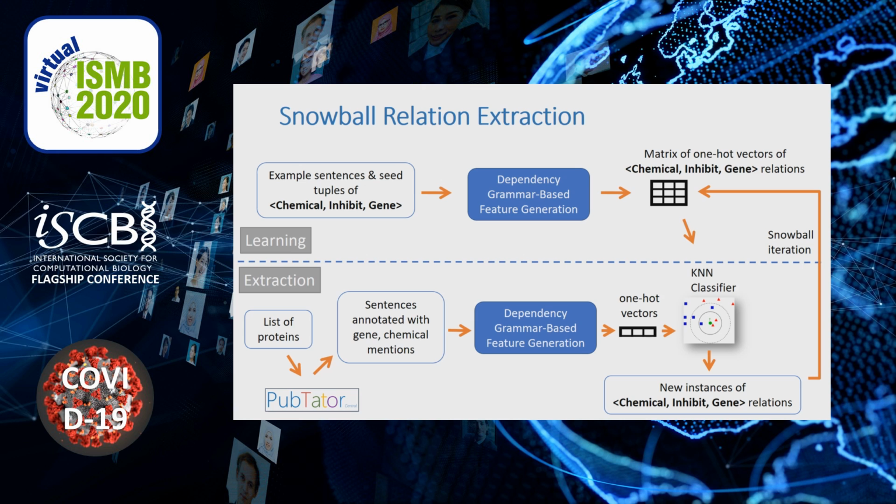When there's a close match, the new sentence is then recorded together with the tuples of gene, inhibit, and chemical. Vectors that have close enough similarity to the seed matrix are also added to the matrix to expand the relation patterns to extract even more instances of the new pattern in the next round.